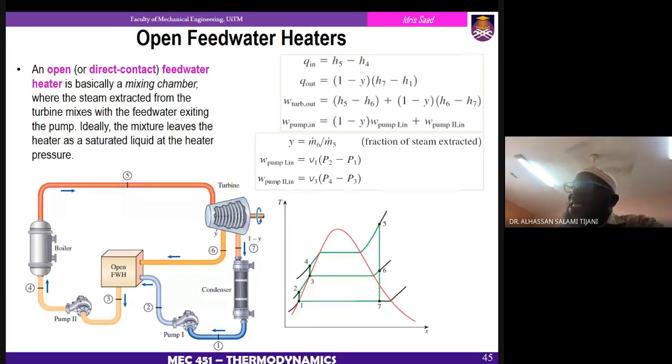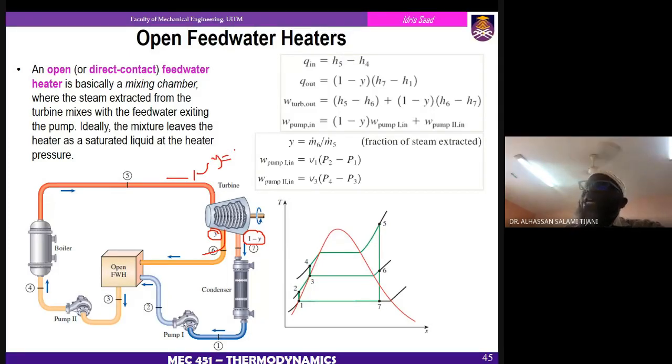If y is the fraction of the fluid which is extracted over here, then we will have 1 minus y of the amount of fluid flowing over here, because the total mass of the fluid has to be 1. So out of this 1, we extract a certain fraction, let's say y.